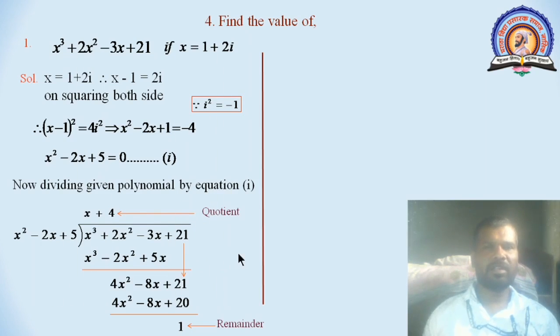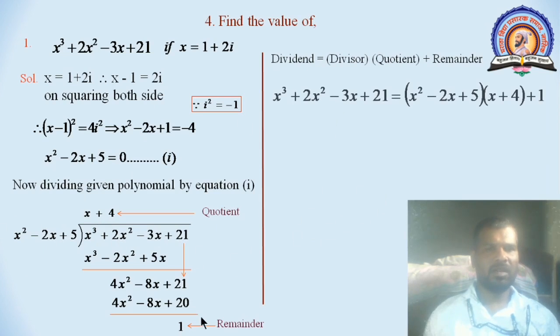And using the remainder theorem, dividend is equal to divisor into quotient plus remainder. So dividend is x cube plus 2x square minus 3x plus 21, divisor is x square minus 2x plus 5, quotient is x plus 4, remainder is 1. But the value of x square minus 2x plus 5 is equal to what? 0.